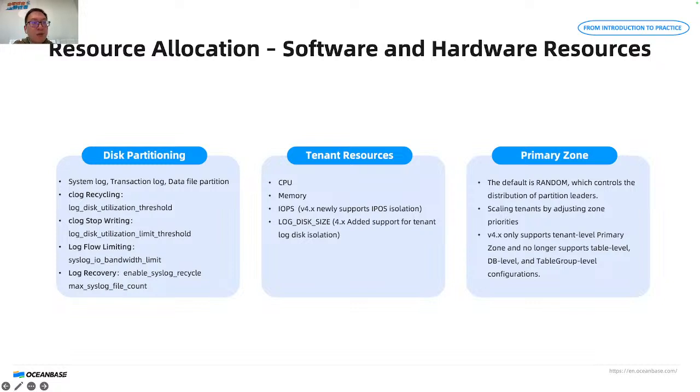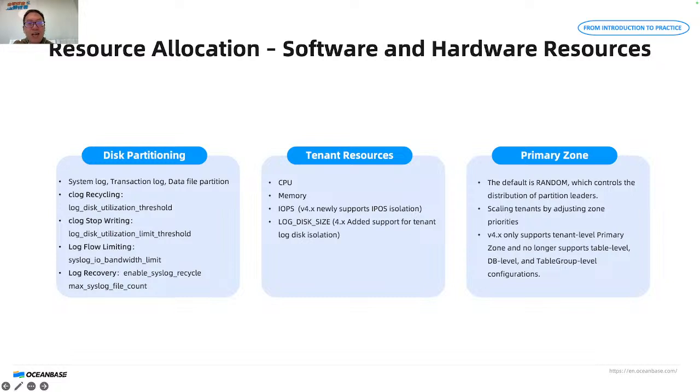For tenant resources, OceanBase operates on a multi-tenant architecture, requiring sufficient resource allocation for the test tenant. Importantly, the sys tenant should not be used for testing due to its limited resources. Test tenants should be established based on the remaining resource availability.